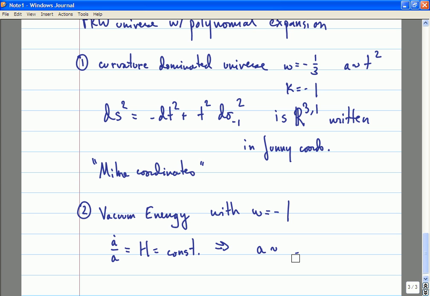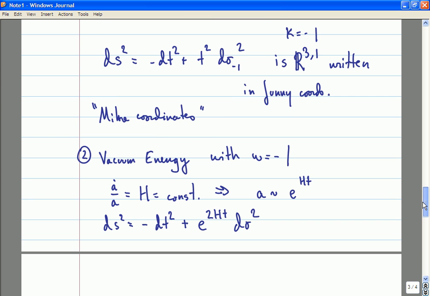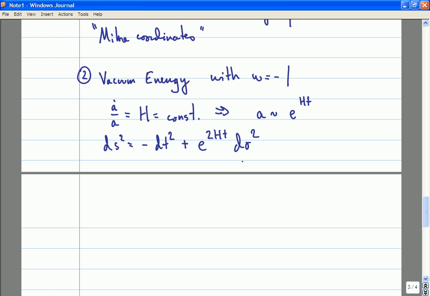So A goes like e to the ht, and the metric is minus dt squared plus e to the 2 ht times d sigma squared. Now, in the limit where we're neglecting the curvature term that appears on the other side of this equation, this d sigma squared should just be flat space.